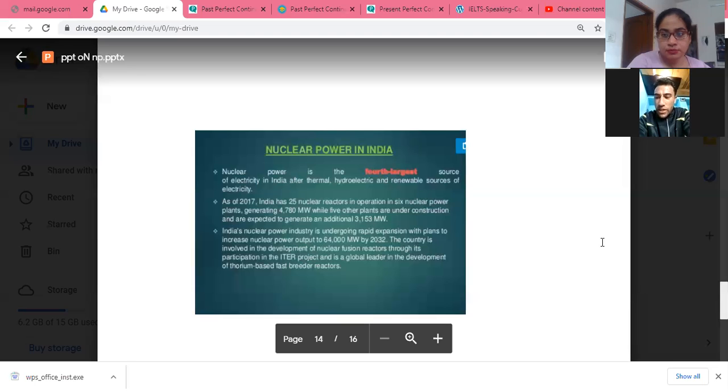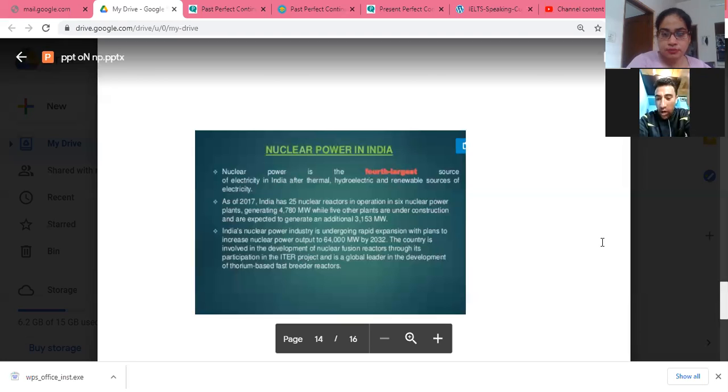India's nuclear power industry is undergoing rapid expansion with plans to increase nuclear power output to 64,000 megawatt by 2032.